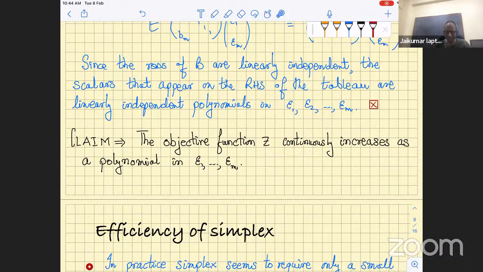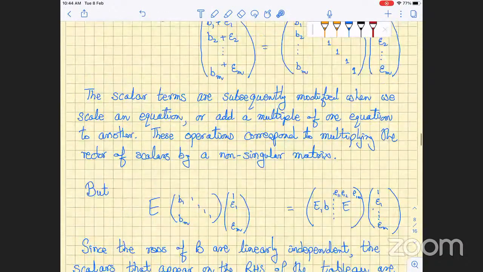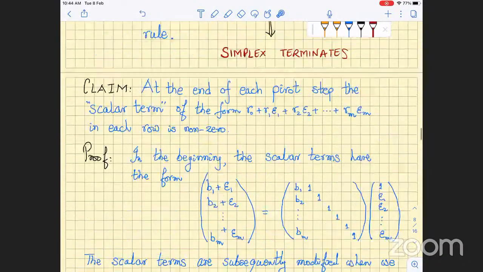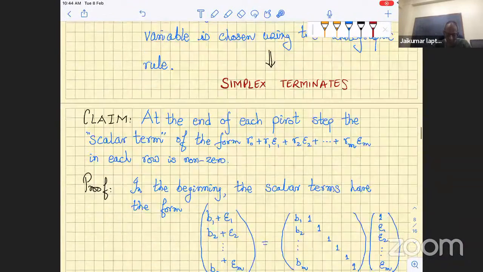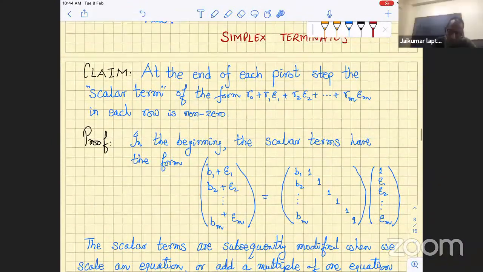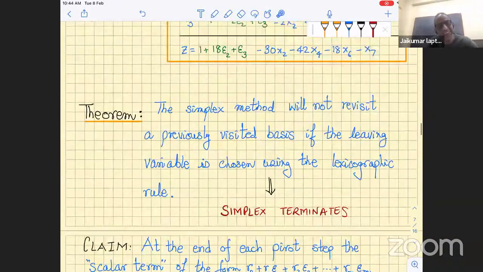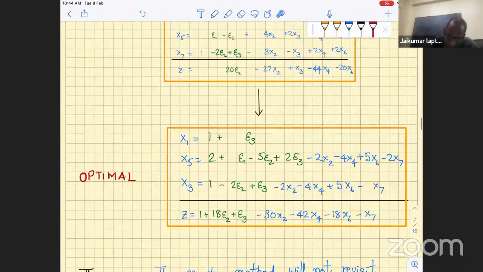So please ask if there are questions. Okay. Don't we need non-negativity? We proved that these are non-zero, right? This claim has only proved non-zero. But how do we show that they are non-negative? We say the same thing that we said for the original simplex. Whenever we do a pivot step, we substitute for some variable.